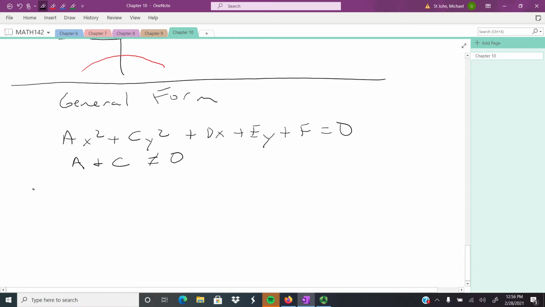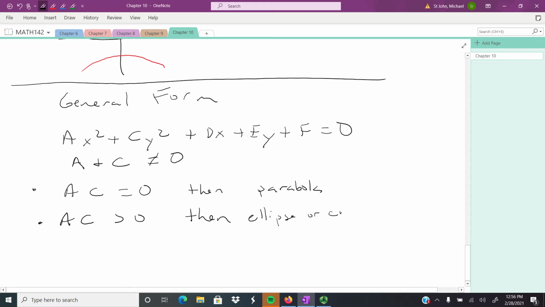What happens here? If a times c is equal to 0, then we have a parabola. If a times c is greater than 0, then we have an ellipse or a circle. And the third case is if a times c is less than 0, then we have a hyperbola.